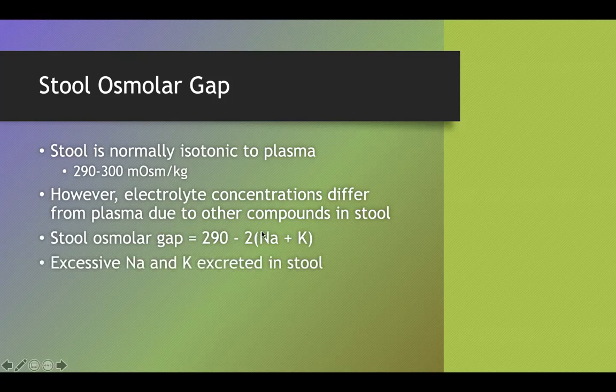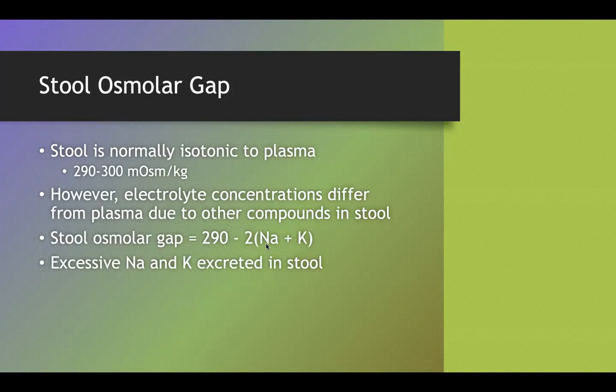I showed this on another slide, so it should make sense as we go forward. We're going to use this equation to figure out what would happen to the stool osmolar gap depending on our sodium and potassium concentrations. So if we had a ton of sodium and potassium excreted in our stool, that would make this number very, very, very large. And 290 minus a very large number is going to make this whole osmolar gap small, right?